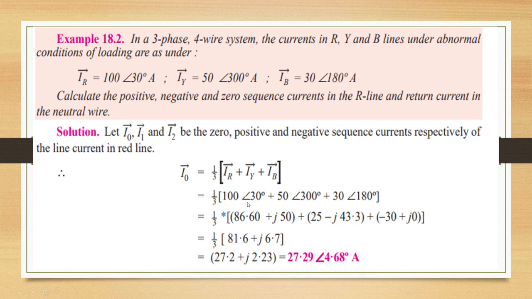There we have converted all the values from polar to rectangular, added them and divided by 3. So in rectangular form, the I0 value is 27.2 plus j 2.23, and converting this rectangular to polar, its value is 27.29 angle 4.68 degrees amperes.